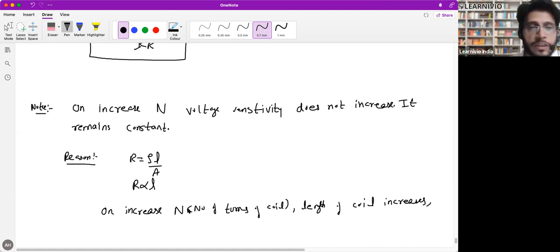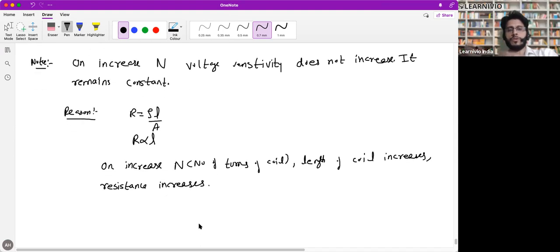And if length of coil increases, that means resistance increases. So if you increase the number of turns in the coil, then the length of the coil will increase and resistance will increase.